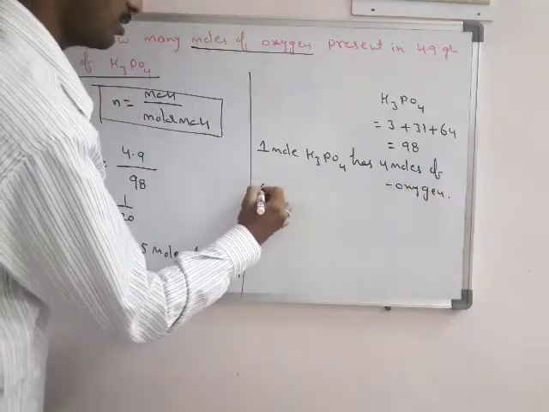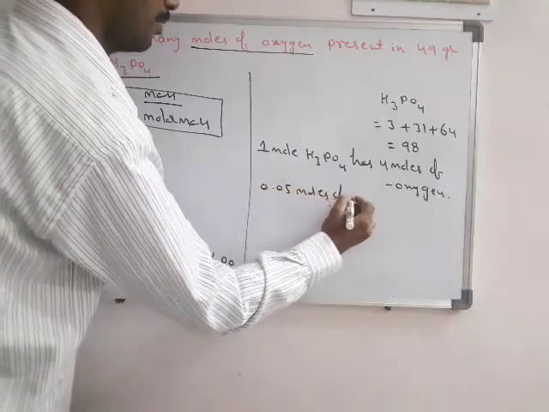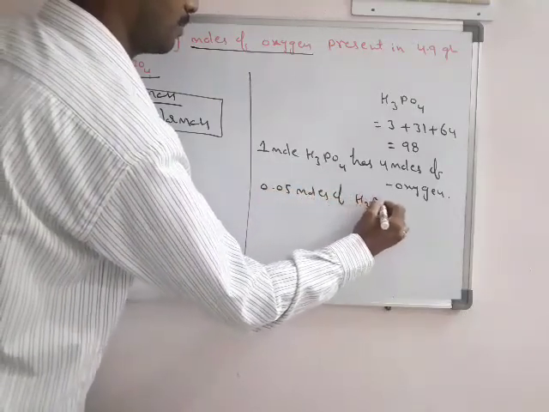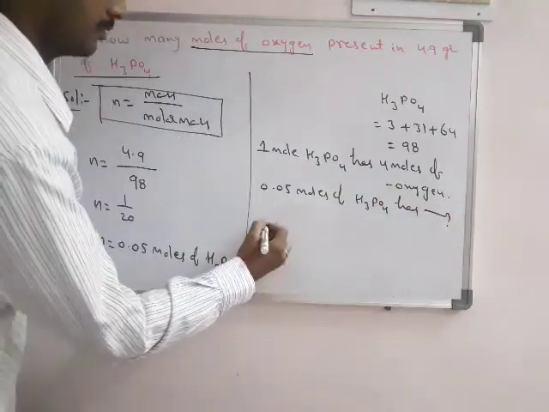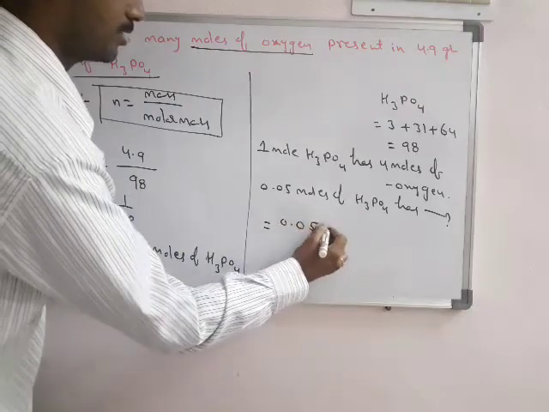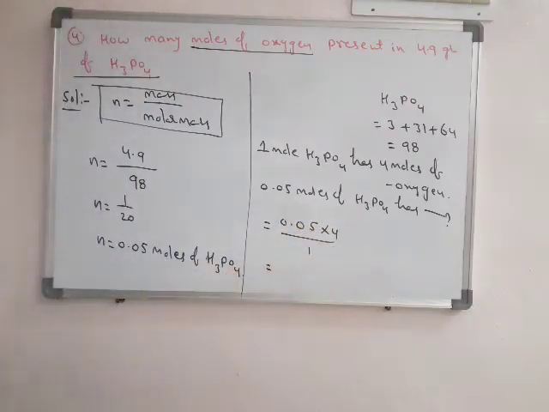Then what about 0.05 moles of H3PO4, how many moles of oxygen? Cross multiplication: 0.05 into 4.